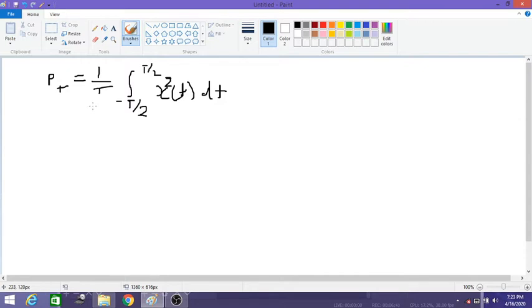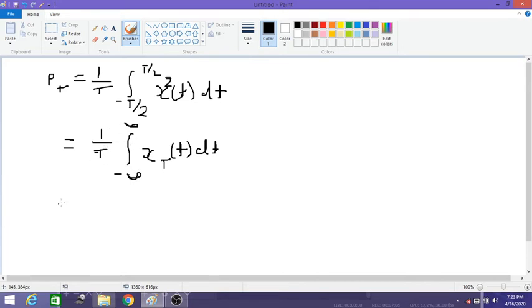Now if I split these terms, before splitting I can also define the limits as minus infinity to plus infinity. I can write this as x_T of t into dt, because we know that x_T of t is a windowed sequence, so within that window I can write the limits as minus infinity to plus infinity.